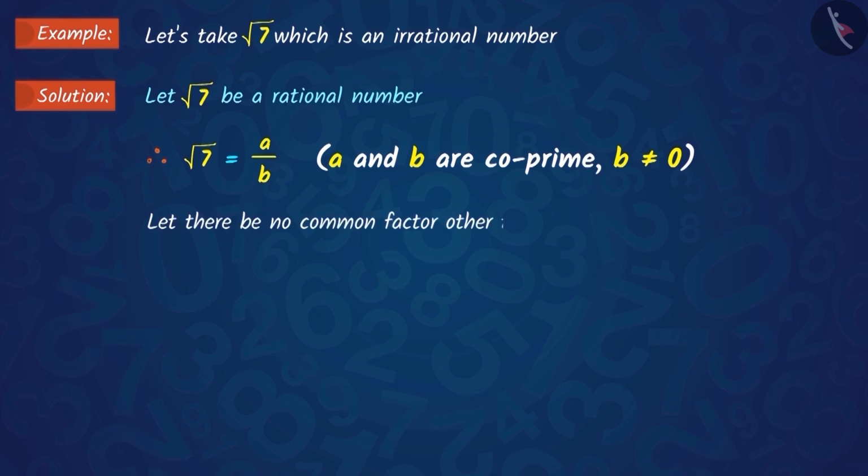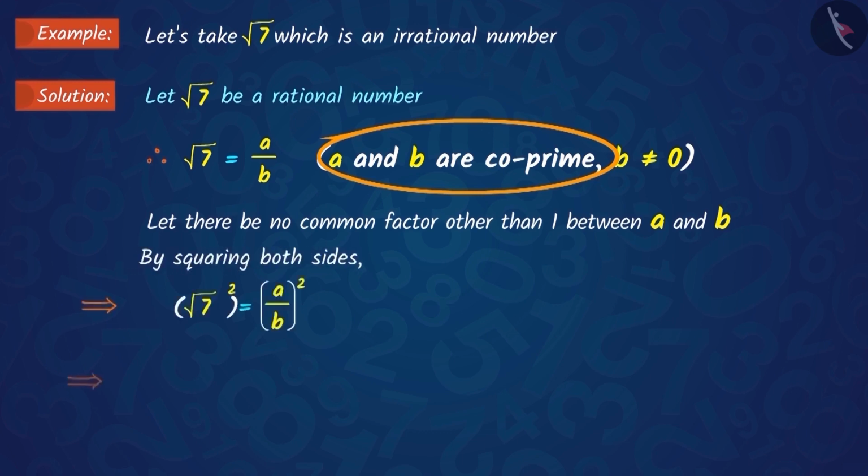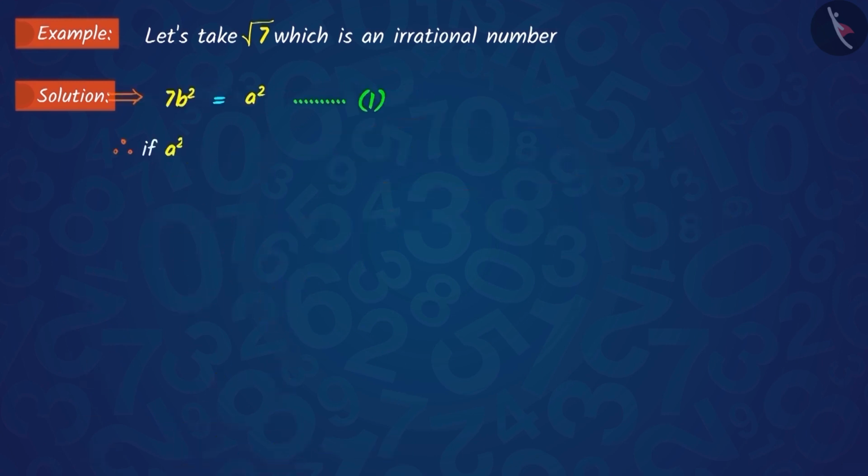Suppose a and b do not have any common factor other than 1, where a and b are co-prime. By squaring both sides and rearranging, we get 7b squared is equal to a squared. That means that 7 divides a squared. Therefore, 7 will also divide a.